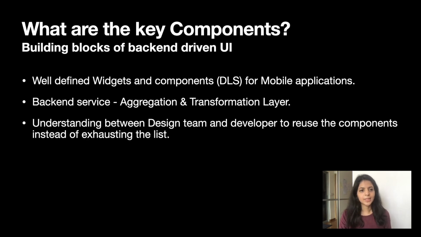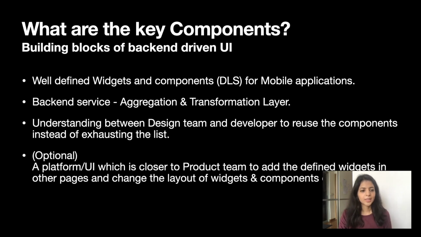Next, we'll need an understanding between the designers and developers to reuse the components instead of creating an exhausting list. Fourth, it's optional, a platform or UI which is closer to the product team to add defined widgets in other pages and also change the layout of the widgets and components on the fly.